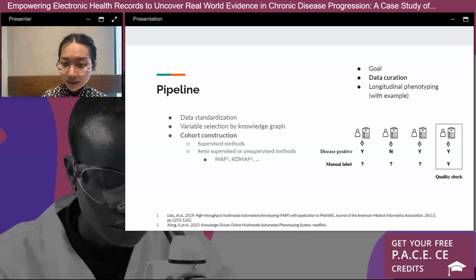But what we recommend is that you try to leverage a semi-supervised or an unsupervised method, with some examples that I listed here, because these methods require much less gold standard labels to train. But still, one important step is for you to do quality control on your algorithm. In order to do that, you still need a small subset of manually curated labels just to confirm that your algorithm indeed performs as well as you expected.